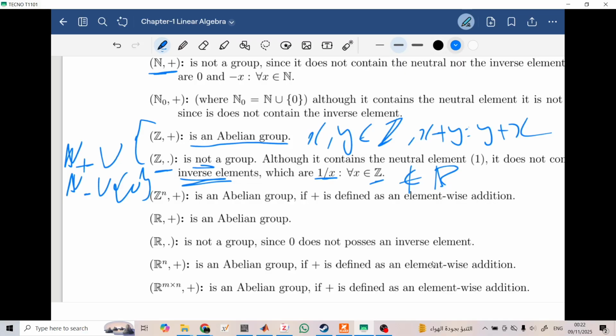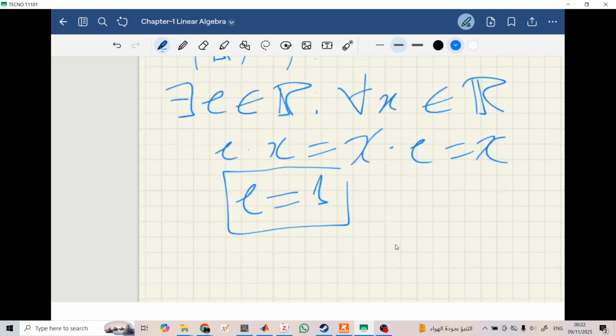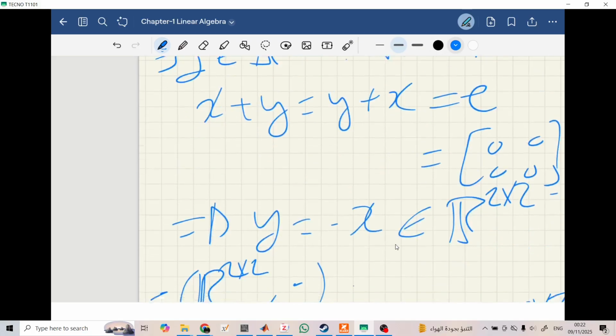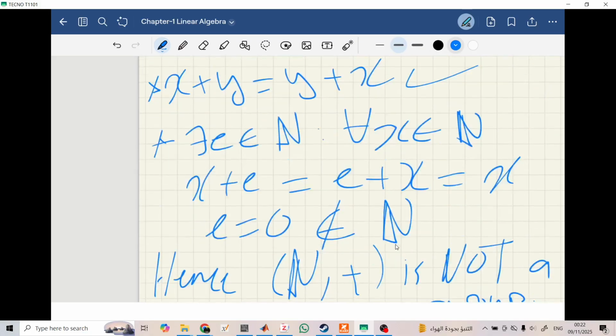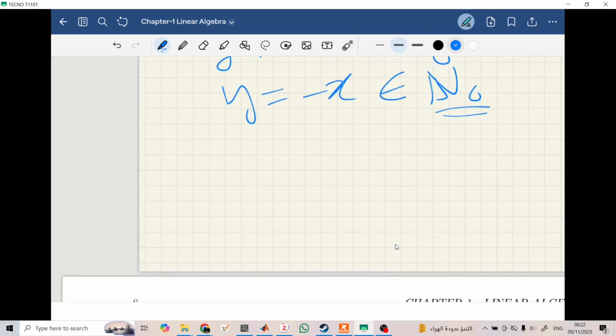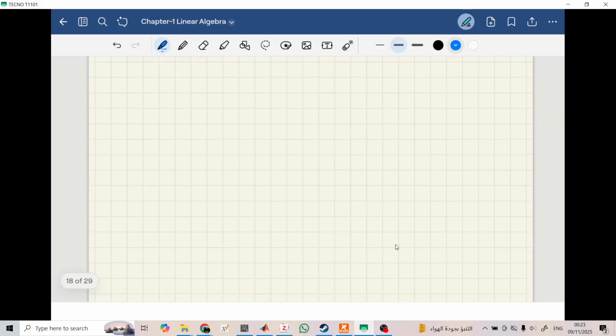Okay, Z to the power n is an abelian group, right? Let's see that. Let's add another page and start from the beginning.